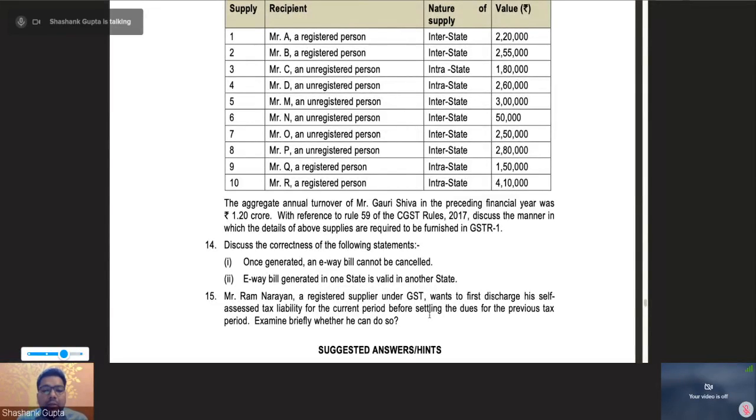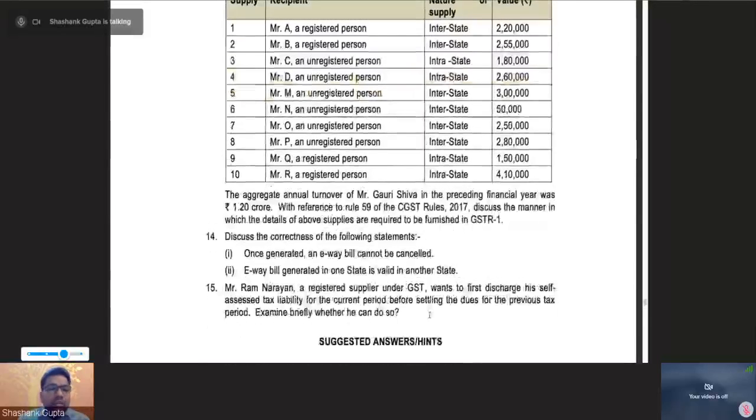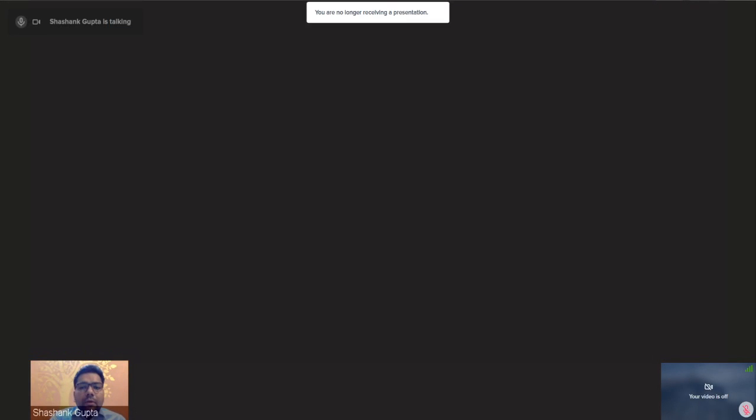Okay. So with this, friends, we have covered the RTP portion, and now we'll move on to the next portion of our discussion, that is the recent amendments.